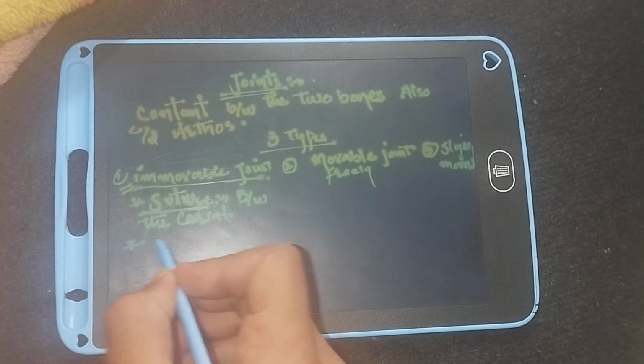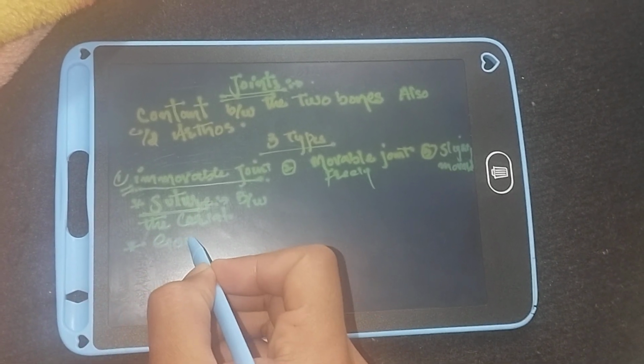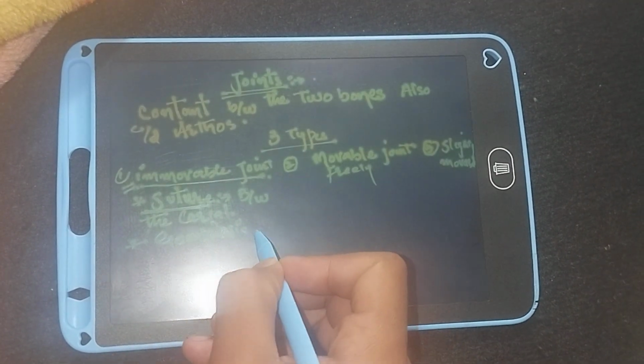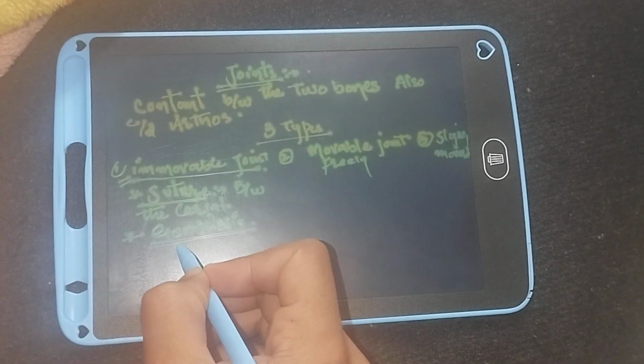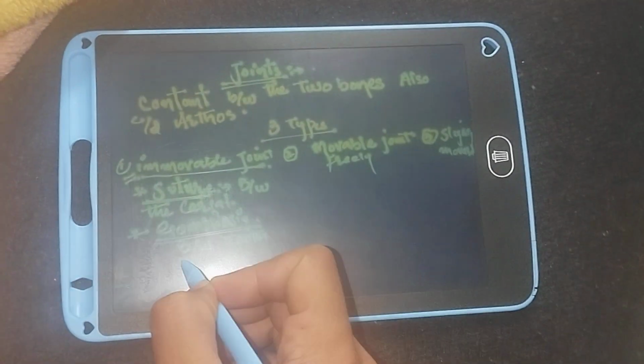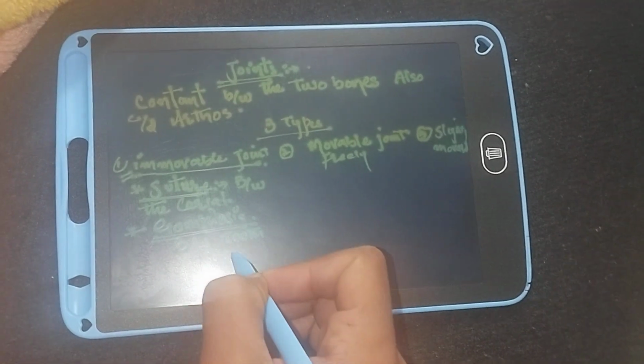Another example is gomphosis, which is between tooth and socket.